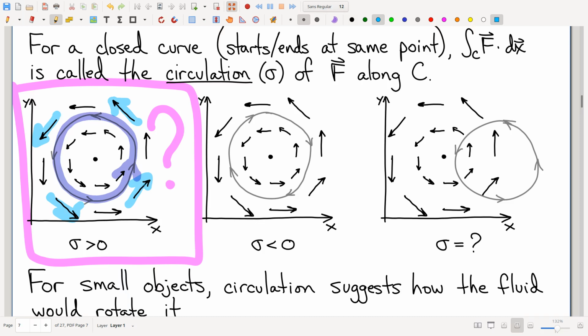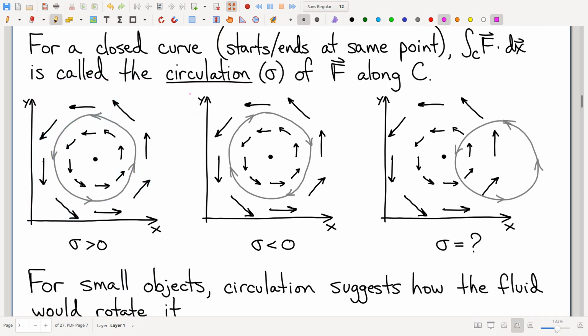Well, pretty substantially, right? The curve is going like that. The fluid is flowing along the curve, almost exactly. So there's a lot of fluid flowing along the curve, and the fluid's going the same direction the curve is, so positive circulation.